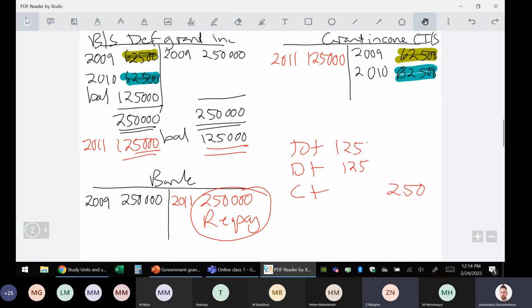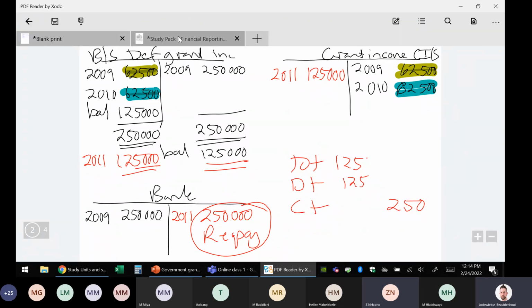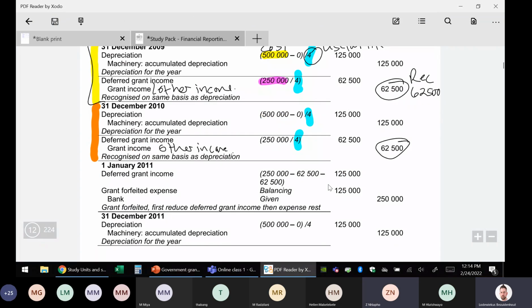So our debits and our credits are equal. And that is exactly what is on the last journal there. So there is the repayment. Credit the bank with 250. 125 goes to the deferred grant income account. We had to calculate the balance.